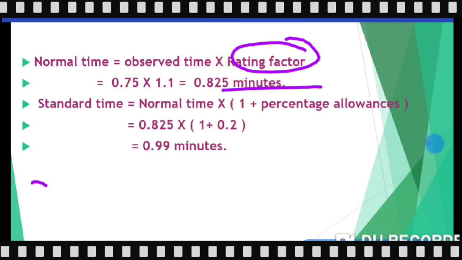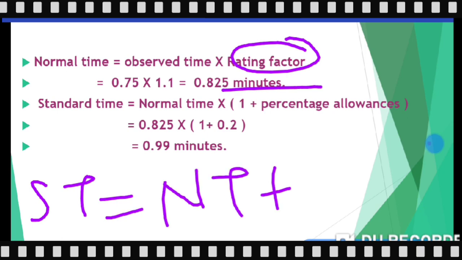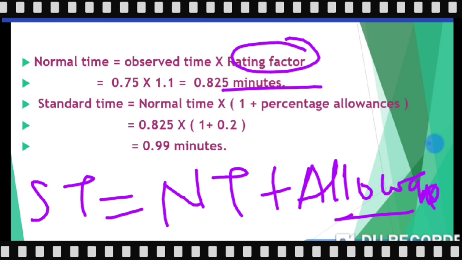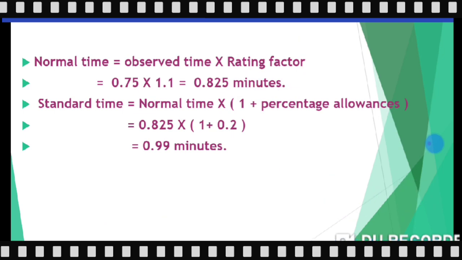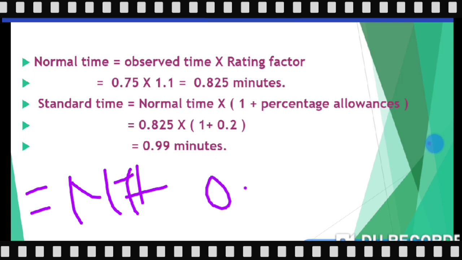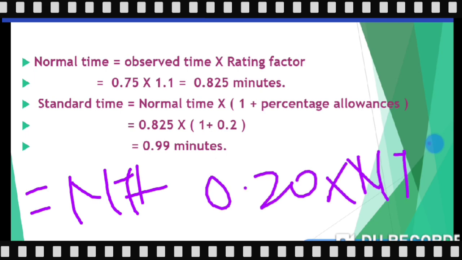And to calculate standard time, we know standard time is equal to normal time plus allowances, different allowances, fatigue allowances, delay, everything. Allowances here are given as 20% of the normal time. So we have normal time plus 20% of normal time, because it is given in terms of normal time.